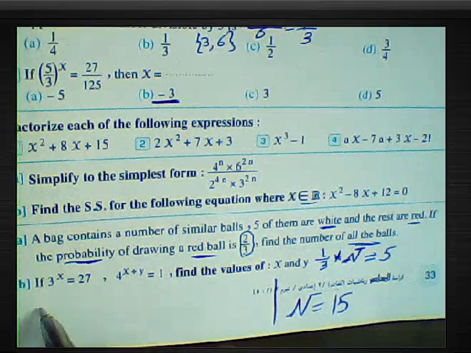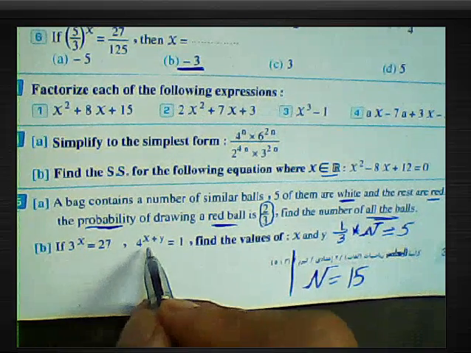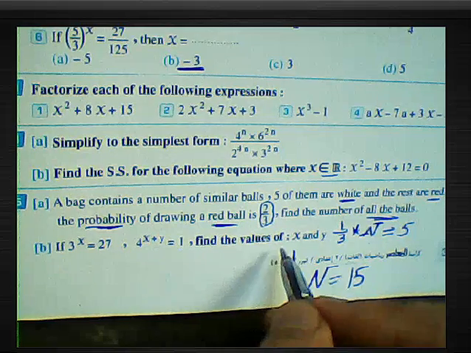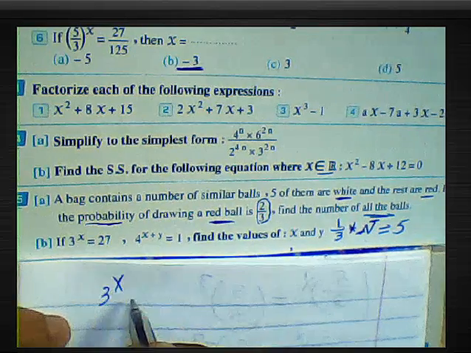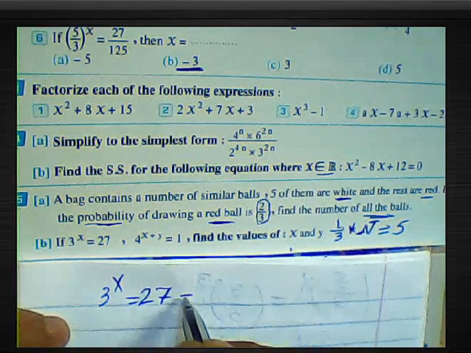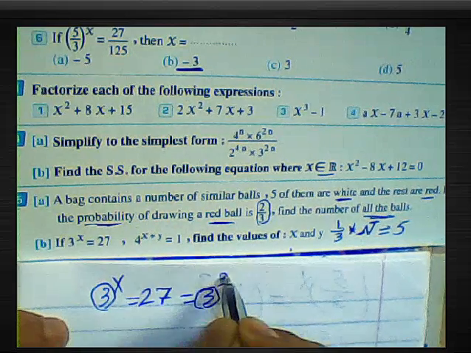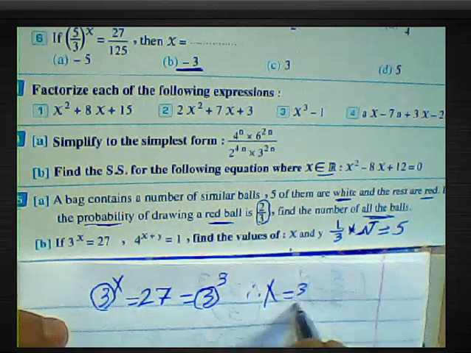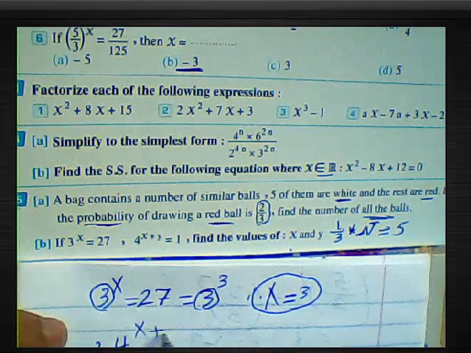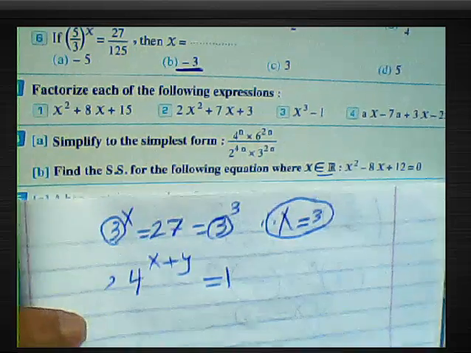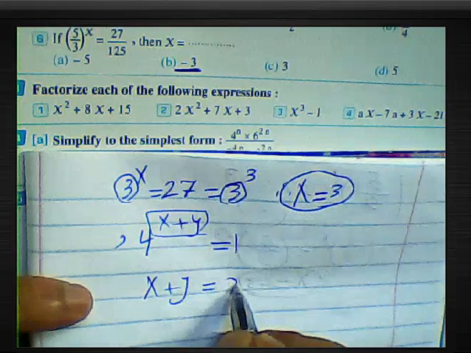Okay. Question letter B. If 3 power x equals 27 and 4 power x plus y equals 1, find the value of x plus y. Look with me. We know 3 power x equals 27, then 3 power x equals 3 power 3, then x equals 3. And 4 power x plus y equals 1, so the power x plus y must equal 0.